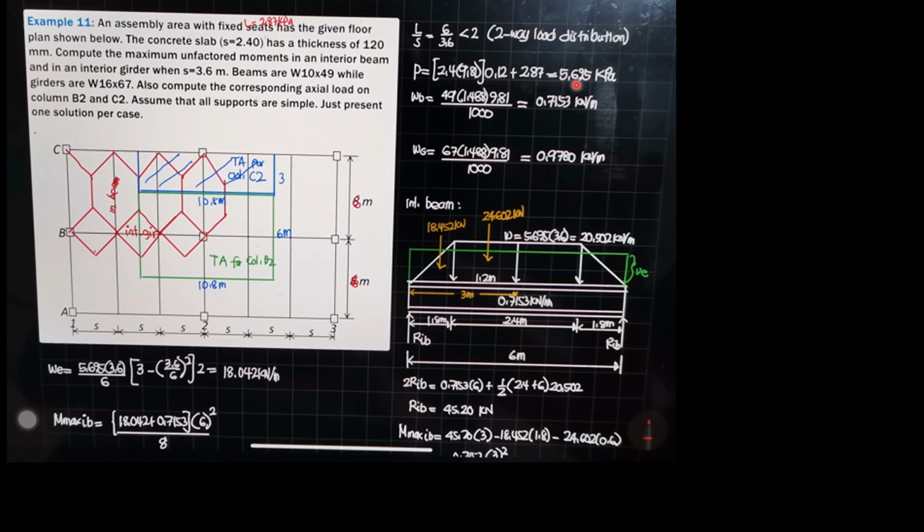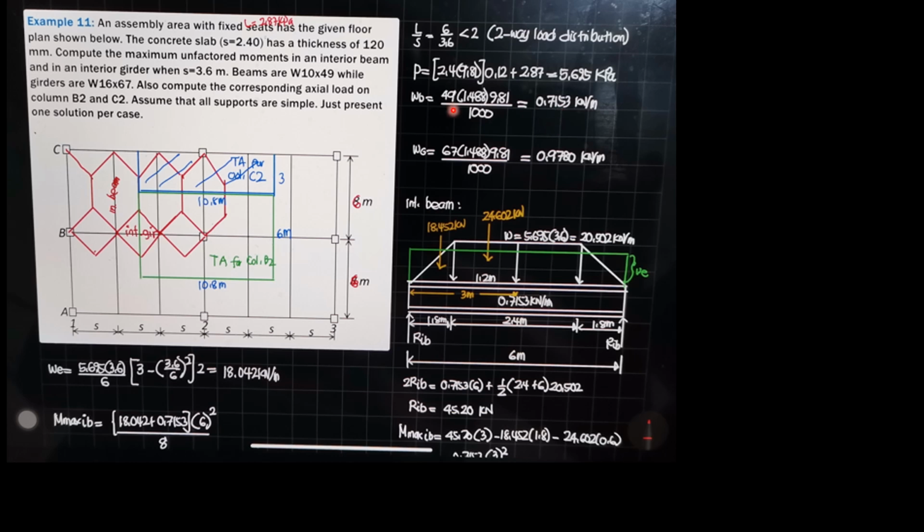So that gives us 5.695 kilopascals. The weight of the beam is 10 by 49. This is English. So 49 times 1.488 times 9.81 over 1,000. It is now 0.7153 kilonewtons per meter.